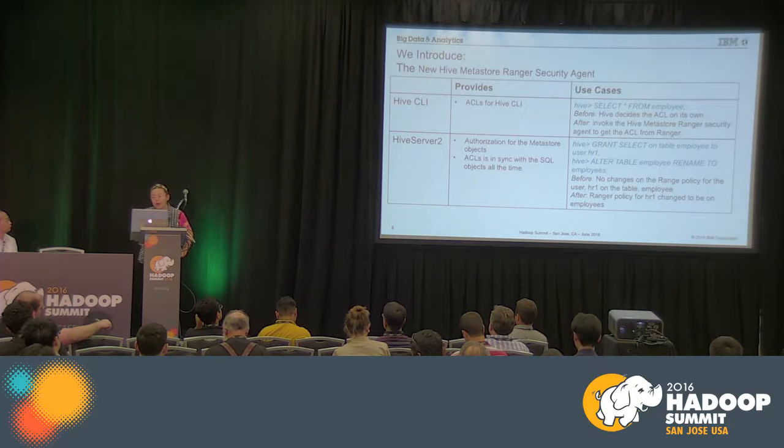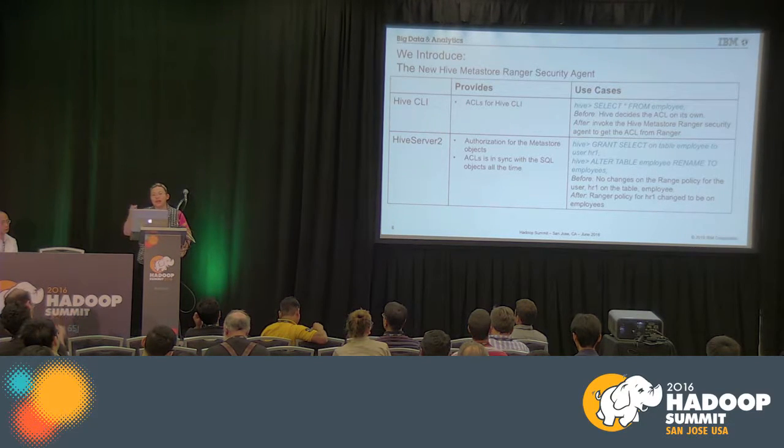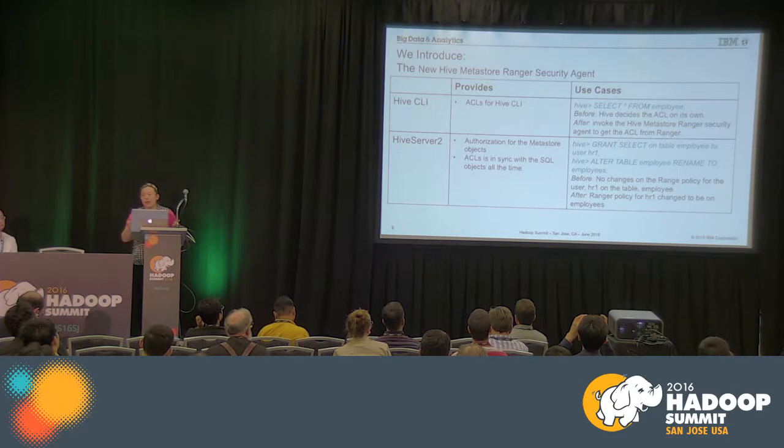Before our work, this change would not affect the Ranger policy, so the Ranger policy would be out of sync with the Hive object. After our work, the Ranger policy will be in sync with the renamed Hive object. So for HR1, we can decide the privilege on the table employees.